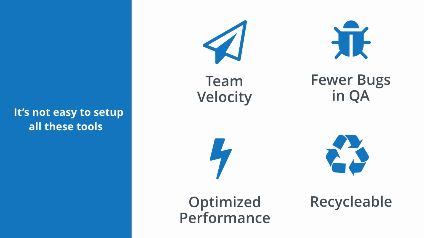So we have a lot of advantages from using all of these tools in place. Our teams are able to work faster, hopefully have fewer bugs making it into QA, at least from an optimization point of view. It encourages making reusable components, and our performance optimizations are easier to do. And it's really quite a pain to set up all this stuff.